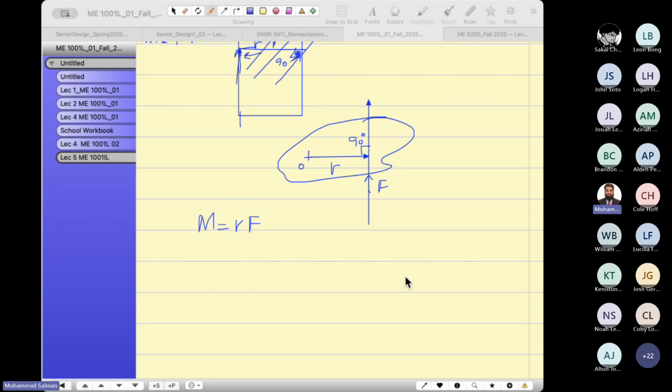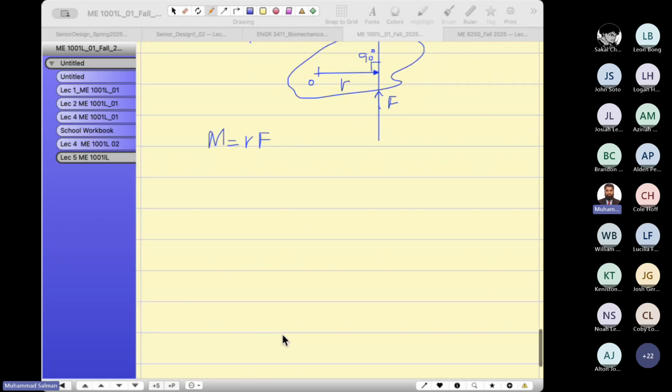I want to show you one more example. That way you will understand the question more clearly. Suppose there is a gear, and it is moving about its center.